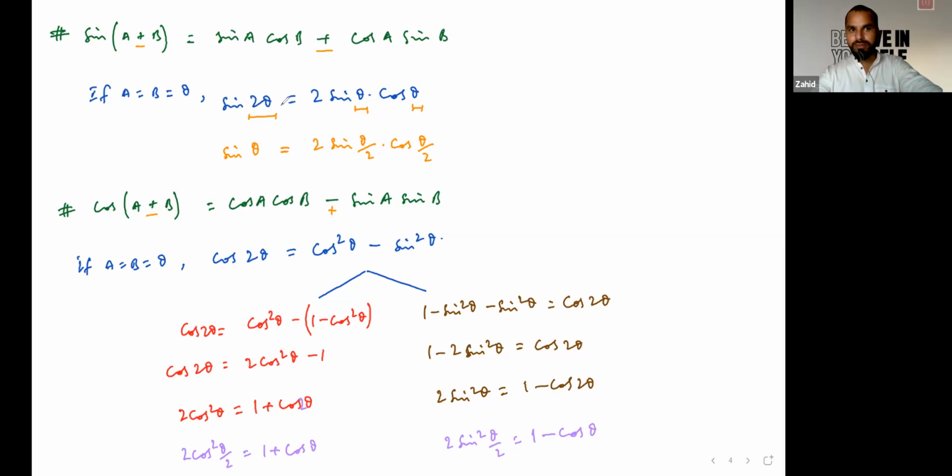So sine of 2 theta becomes 2 times sine theta cos theta. Since it has twice the angle at this point, the angle gets half at this point. So if we write this as theta, it will become theta by 2. Similarly, for the cos part, we have derived this term as a relation.